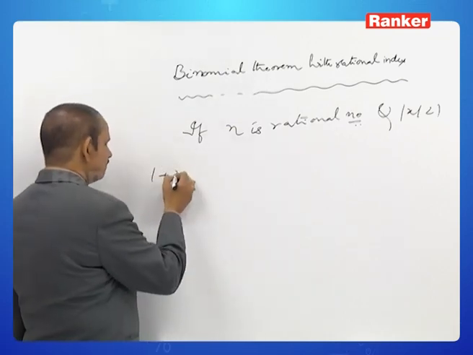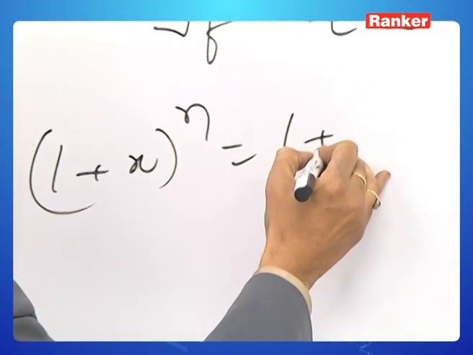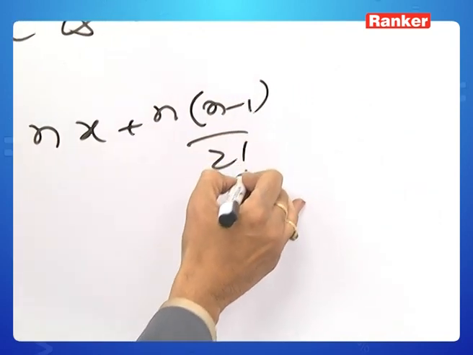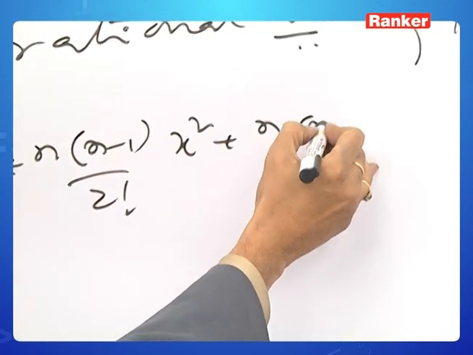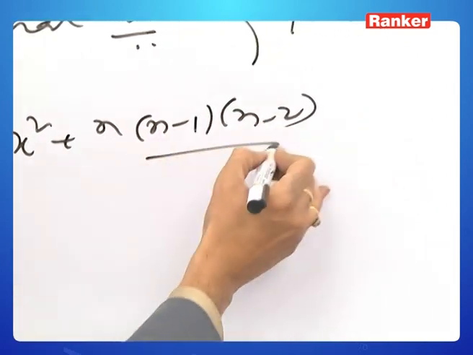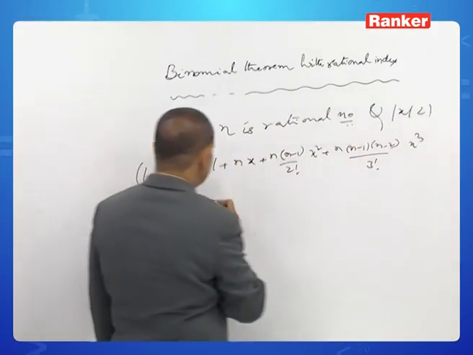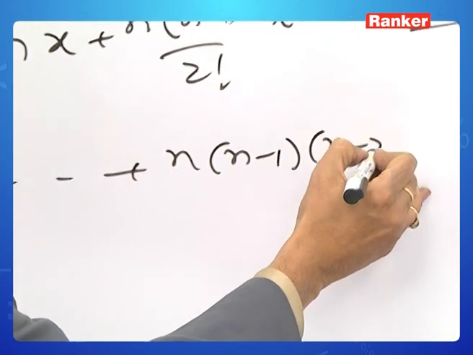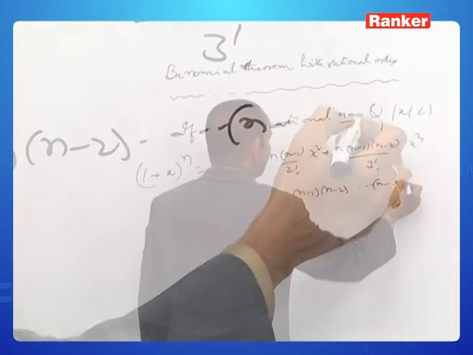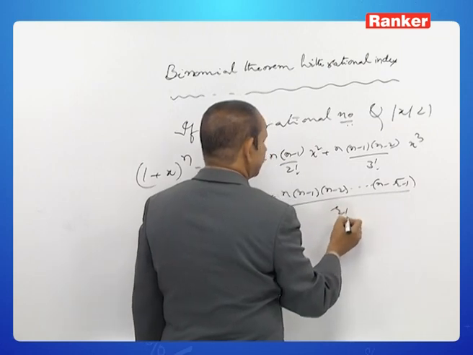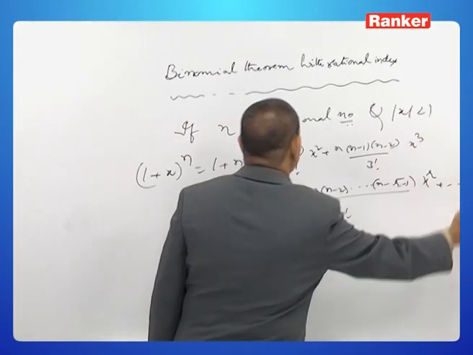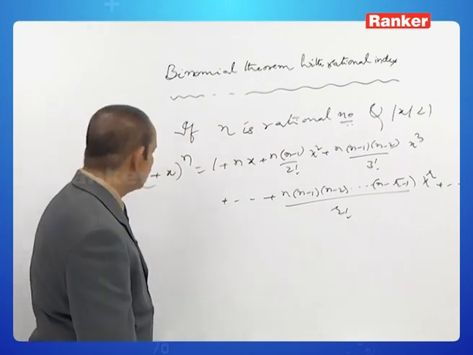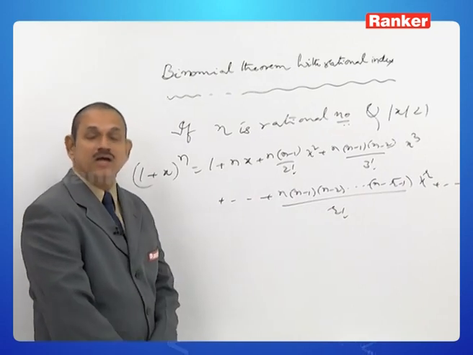Then (1 + x)^n is equal to 1 + nx + n(n - 1)/2! x^2 + n(n - 1)(n - 2)/3! x^3 + and so on, up to n(n - 1)(n - 2)...(n - (r - 1))/r! x^r + and so on. This is the expansion when n is a rational number.